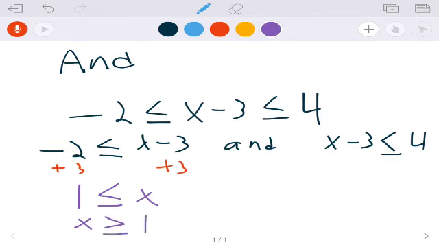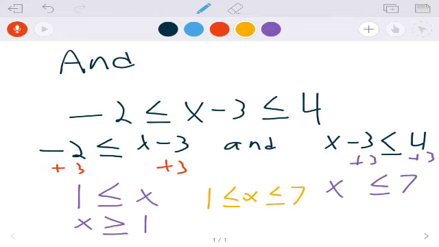And then over here, we do the same thing: we add 3 to each side, and we see that x is less than or equal to 7. So we've set up this bound where overall our answer would be 1 is less than or equal to x, which is less than or equal to 7.